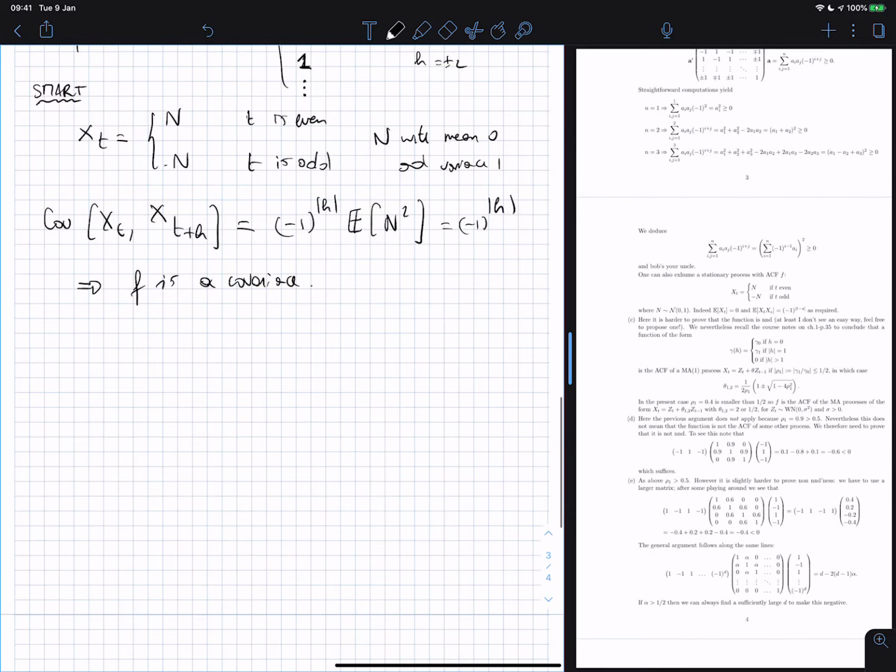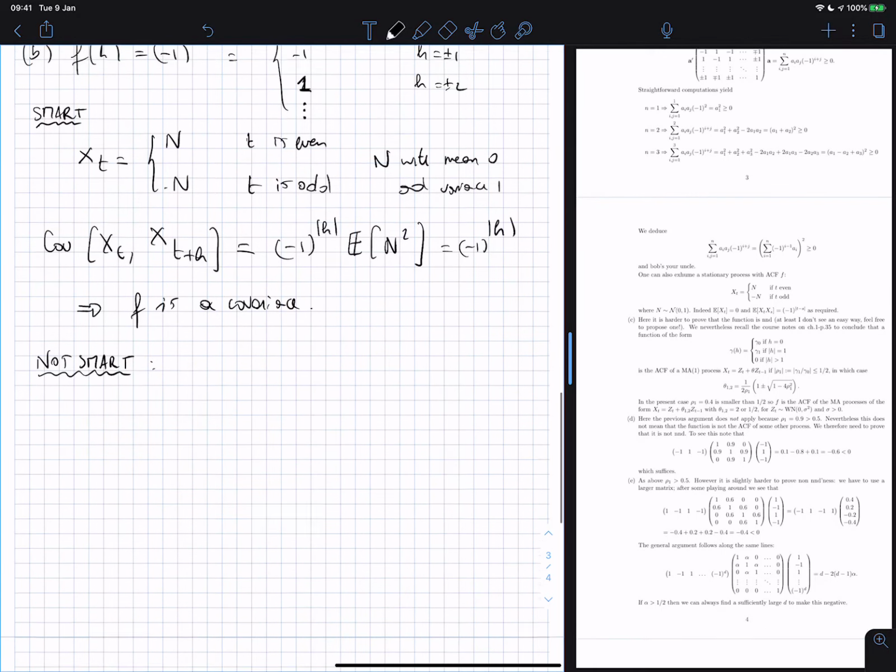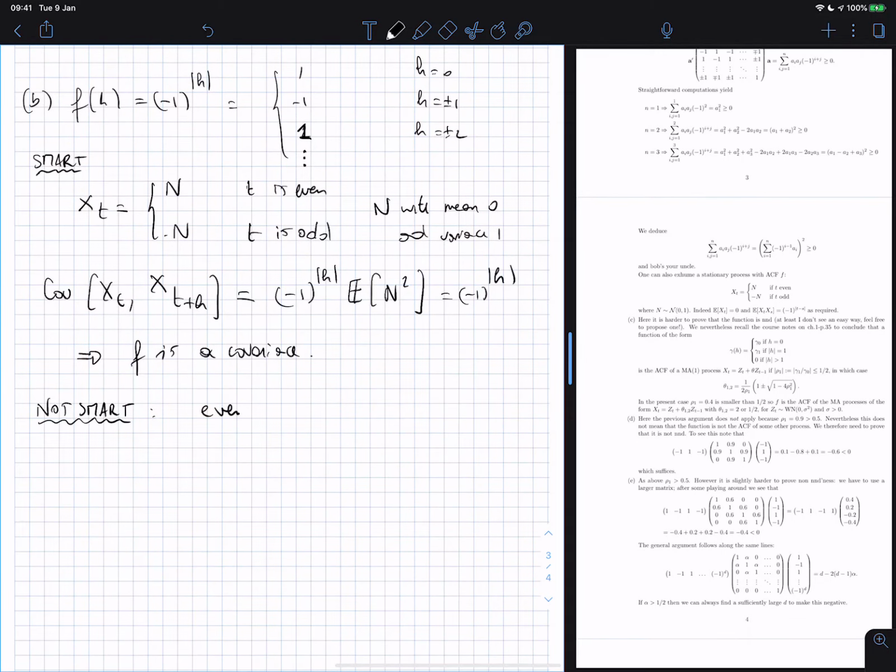If you're not smart, well, then you have to work. We want to show that it is even. Well, that's okay, it clearly is an even function. And then we want to show that it's non-negative definite.